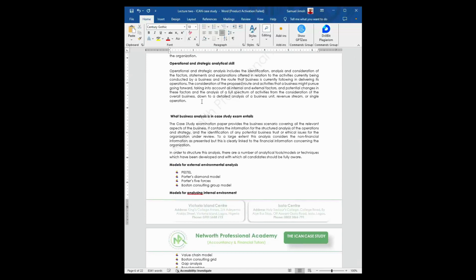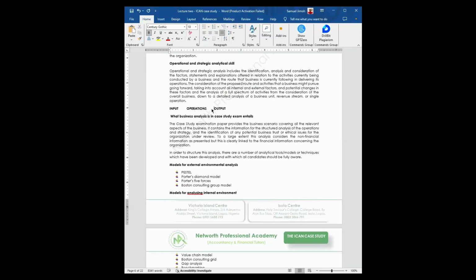there are more like three phases. We have the inputs, we have the operations, and we have the output. These are more like the three phases in every business operation.